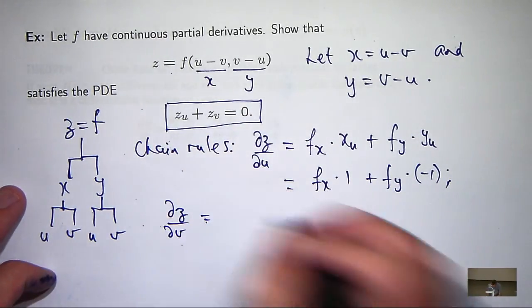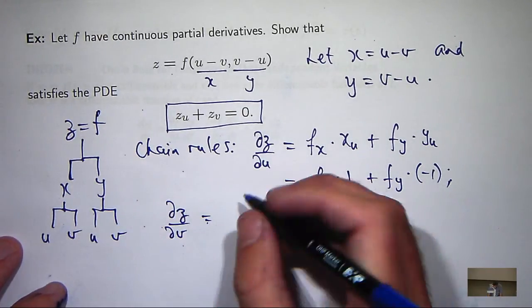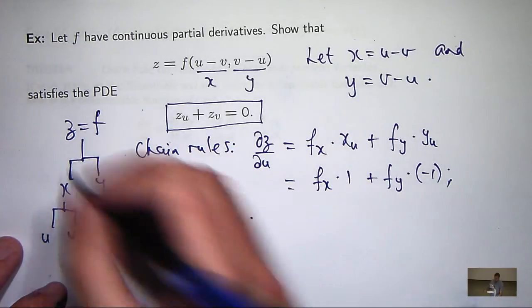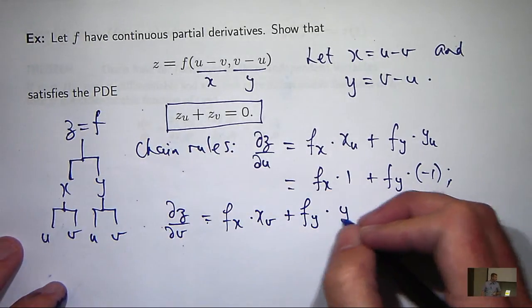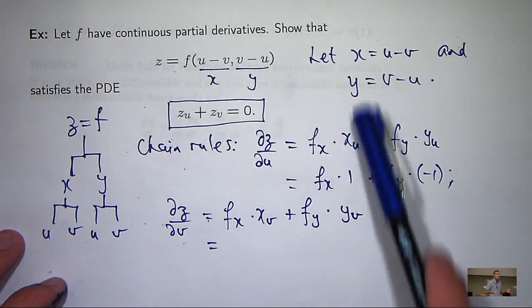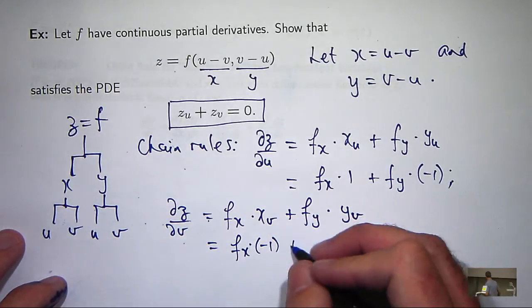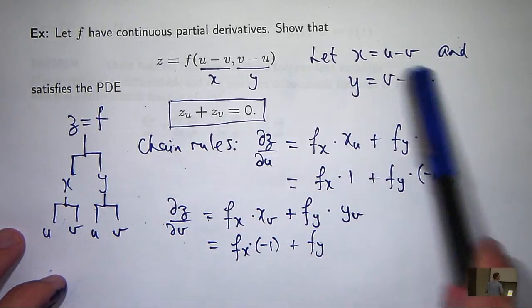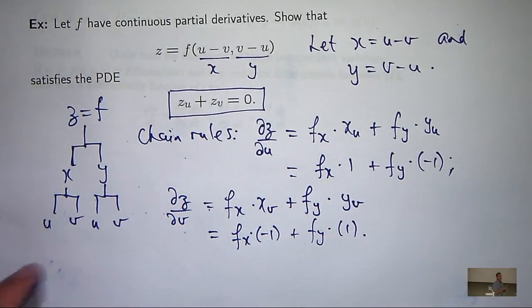Y sub v is going to be 1. So what I'm going to do is take these two expressions, sub them into the left-hand side, and see if they all cancel out. If that's true, then the equation will hold, and functions of this type will be a solution to this equation.